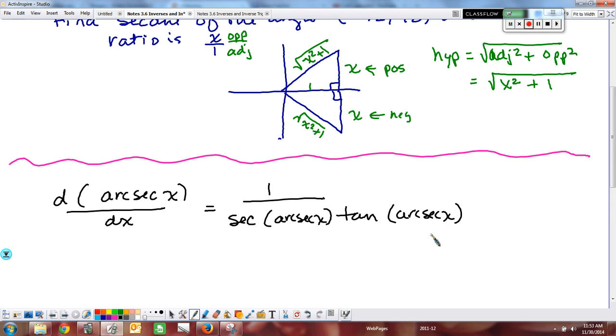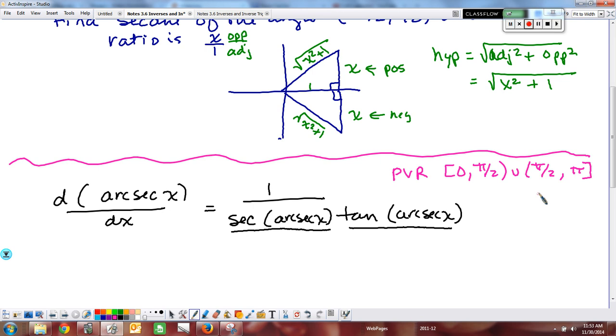So we got a little work to do on this one because I have to figure out the secant of the angle whose secant is x, and then I have to figure out the tangent of the angle whose secant is x. Our principal value range for our secant, PVR, little reminder, was 0 to pi over 2, and then pi over 2 to pi.